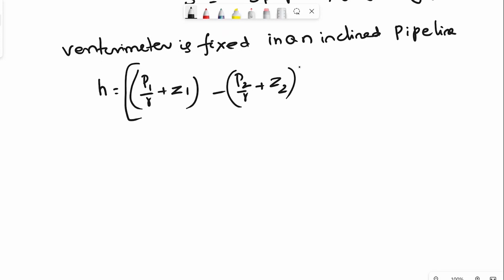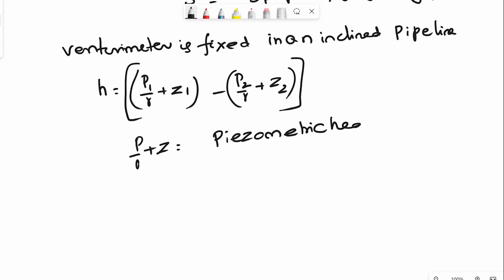This is the way which we should calculate, where this P by gamma plus Z is called the piezometric head. So here it is not the pressure head that matters, it's the piezometric head that matters. So depending upon the problem that is given, we have to solve things.